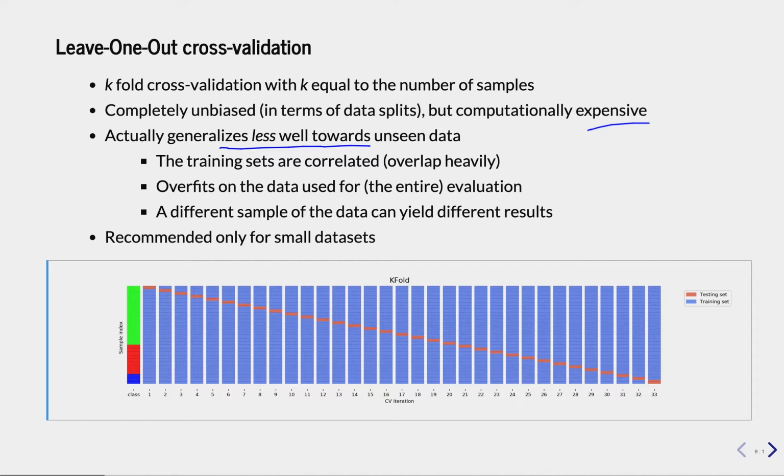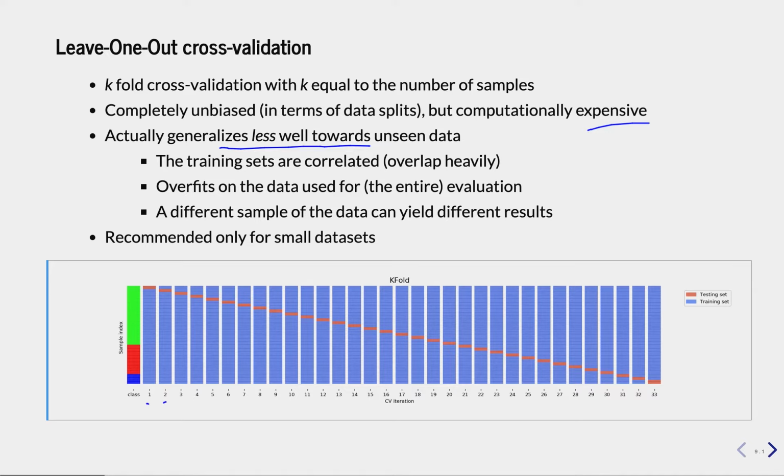And that's because your training sets are very correlated. Like if you look at test 1 and test 2, the training sets are almost identical, right? So there's a high correlation between all the different folds. And that means it's not really testing the model under very different circumstances in a nice way.